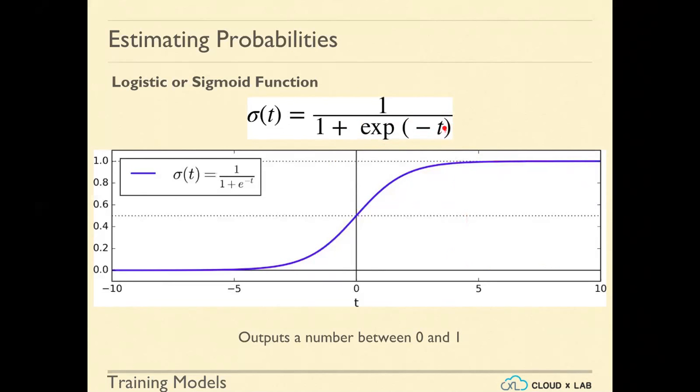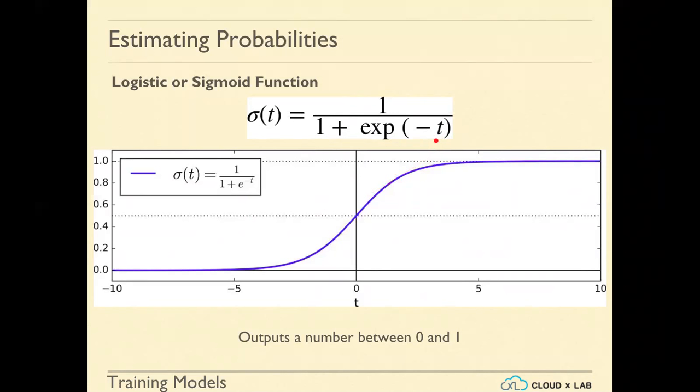If t is really small, this term is going to be huge, and hence the denominator is going to be really huge, and therefore the overall value is going to be almost 0, correct? Because if the denominator is really huge, the overall value goes really down. So that's what is happening here.